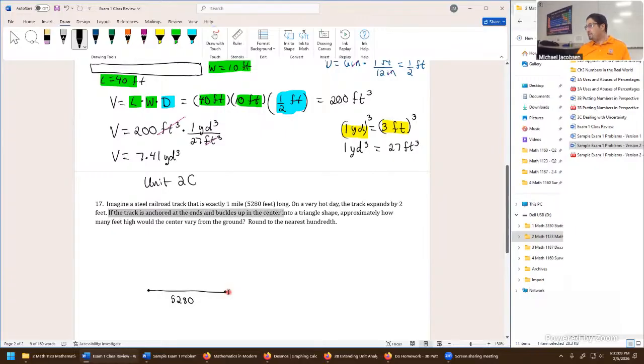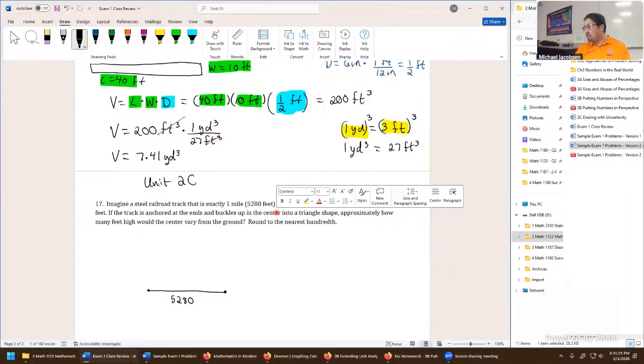It might be some weirder shape, but if we think in terms of a triangular shape, we'll be able to approximate how many feet the center will be away from the ground, because we're going to get a Pythagorean theorem in the problem. So in the center will be the height, the highest point of that triangle. So right here, here's the new shape.